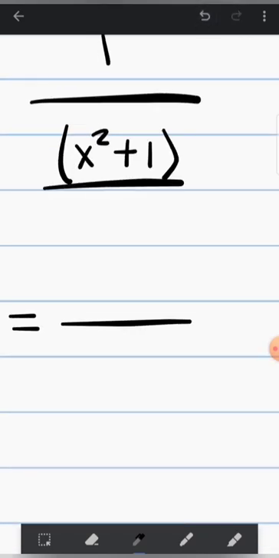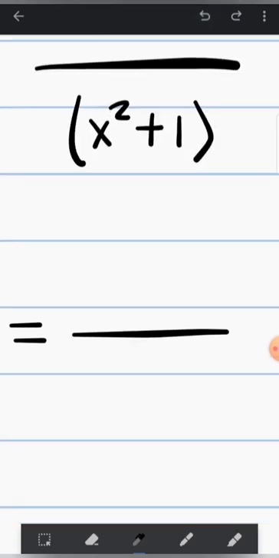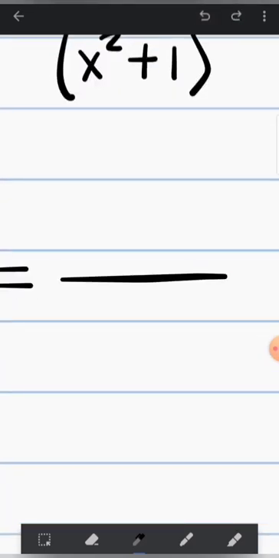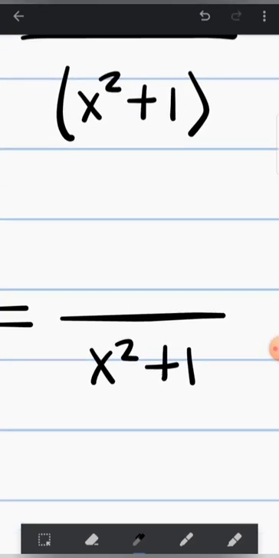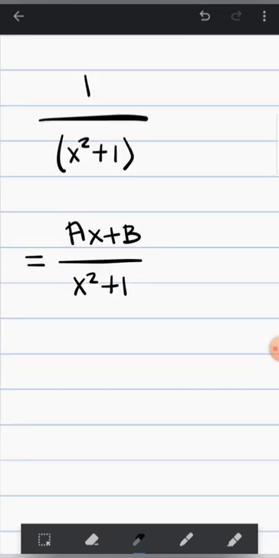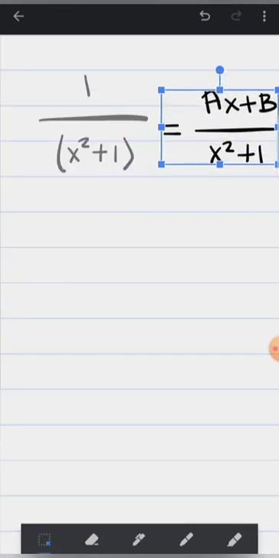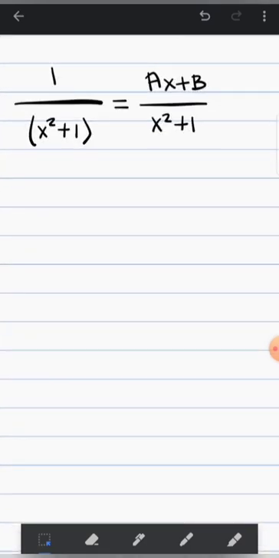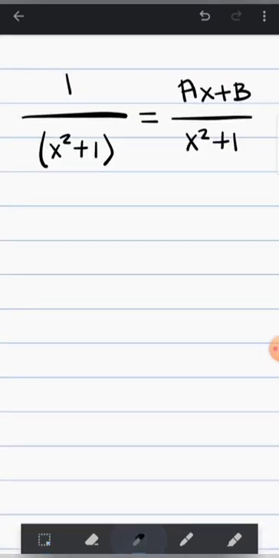But notice, this is x squared plus 1, so the numerator above should be linear. So we could write this as x squared plus 1, and then above as ax plus b. This is the only thing that is different. But still, the process of solving for a and b is just the same.